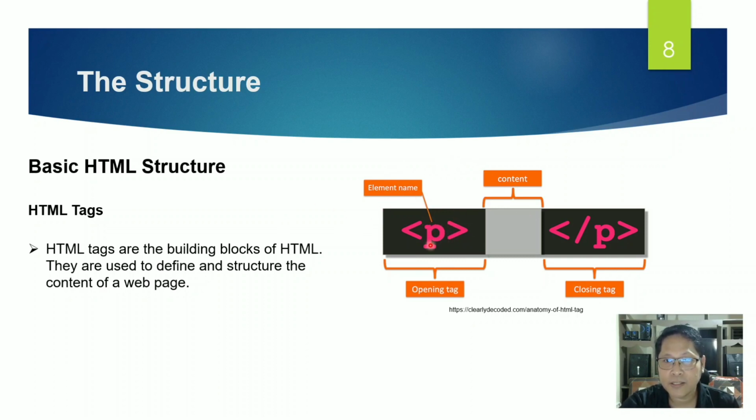As you can see here, the P is the element. This is what we call the opening tag, and here is the closing tag. In between these two tags, we have our content. The content for our paragraphs will be here.